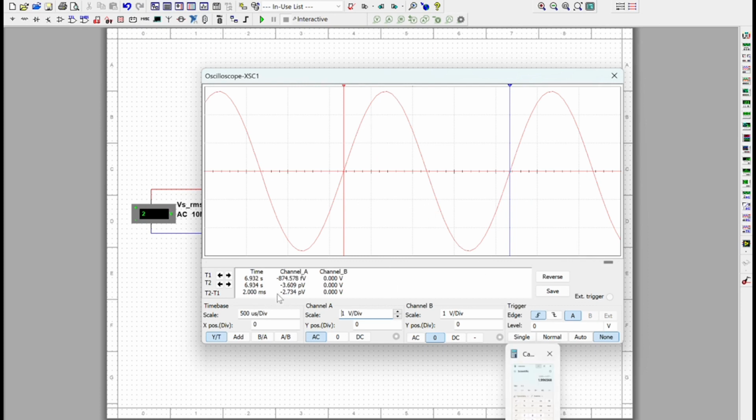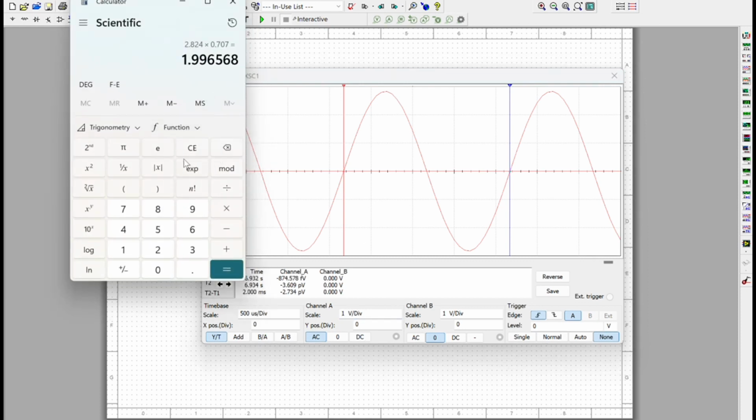So we can take this 2 milliseconds and we can calculate our frequency for the graph, which would be 10 to the negative 3 times 2. And then the equation for frequency is 1 over the time period, so we can take that and divide 1 by 0.002, which is 2 milliseconds, which would be 500 hertz. So our frequency for the input source is 500 hertz.